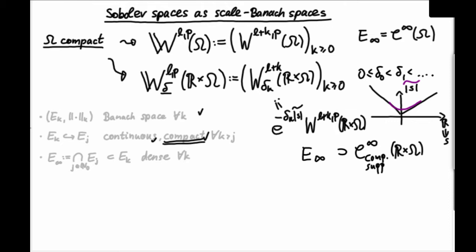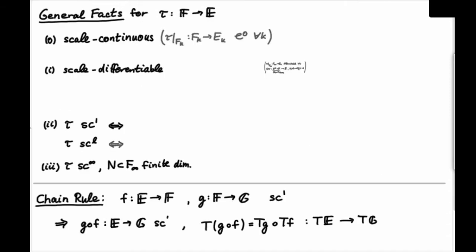So these are the gadgets that we usually work on, but back to abstract scale Banach spaces and a couple more observations. Right, of course I like to know what my infinity level is, but there's one other good reason why I like to know what my infinity level is. Namely, if I have a scale continuous map, it's not only continuous on each level, it preserves the level.